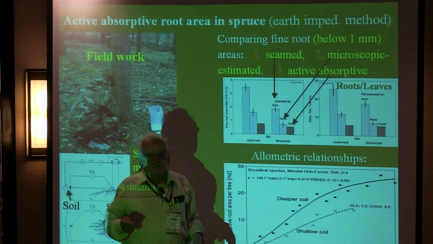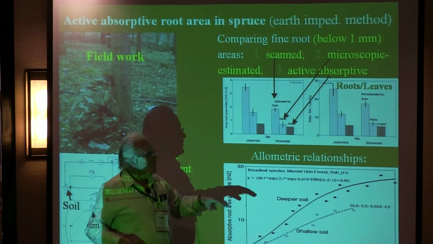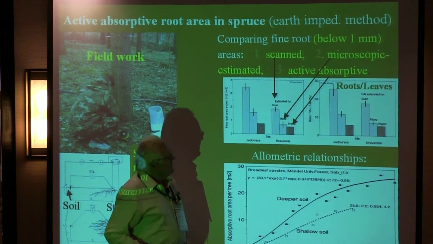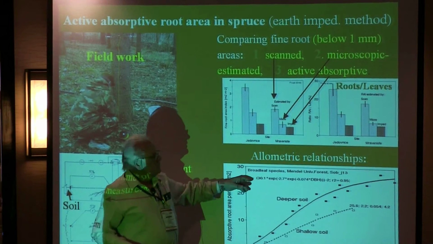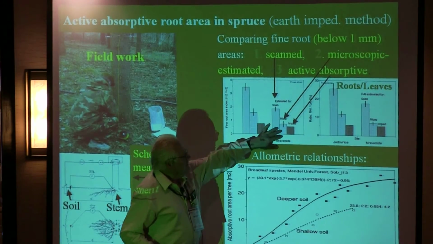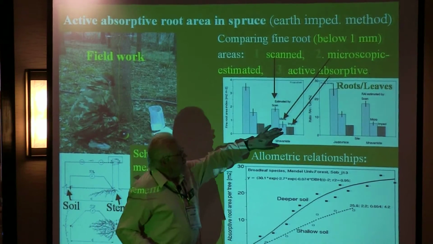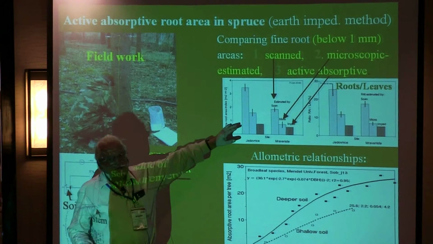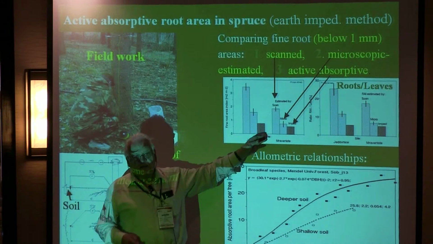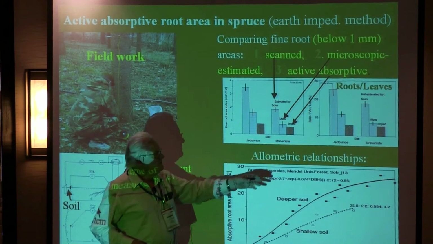Then when we measured roots using microscopy, we got these results. One side, another side. And when we measured using Earth impedance, we got these values. So if we take a mean, roughly 2/3 of the anatomical, that means potential flow, was measured as an actual flow by electricity.